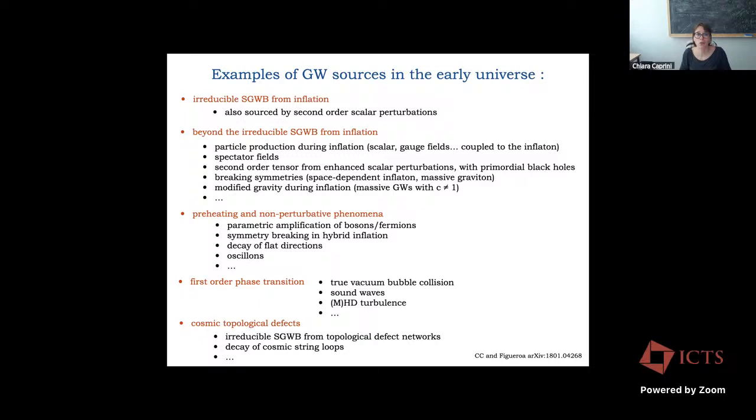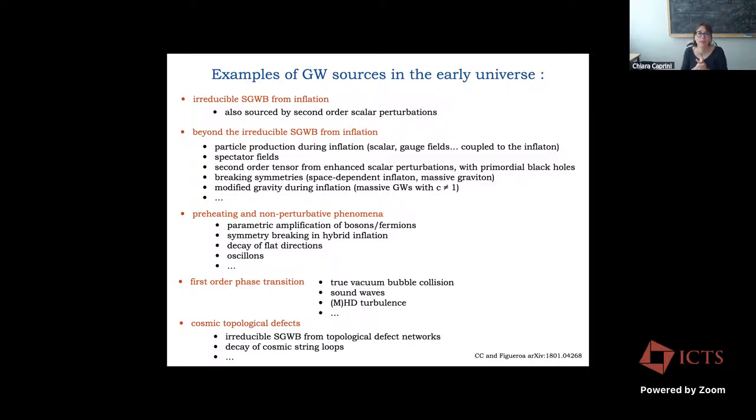So you first produce particles, for example gauge fields, and then they produce gravitational waves. This can also be spectator fields.